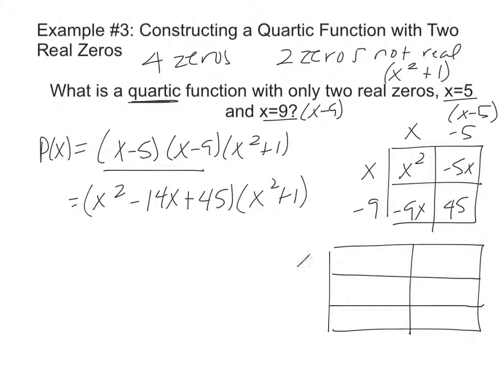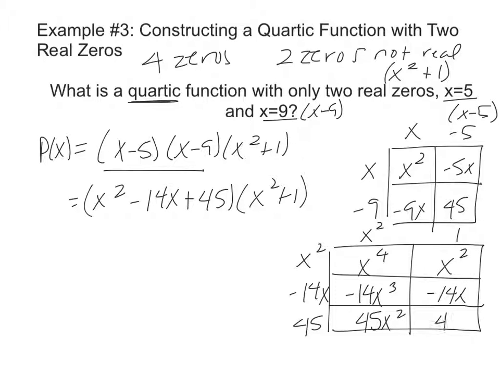So that means I need to put it into a bigger box. All right, so that's x squared, negative 14x, and 45, x squared, and 1. So this gives me x to the 4th, minus 14x cubed, 45x squared, x squared, negative 14x, and 45.